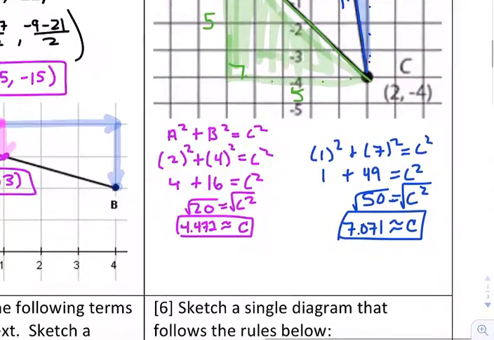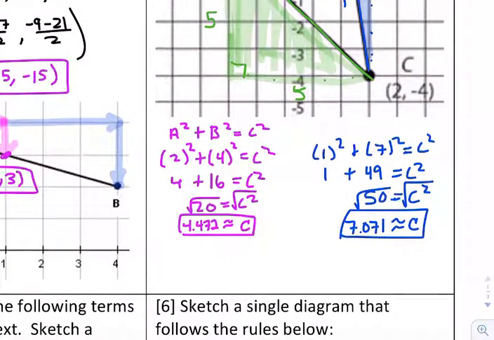On the green, we have a 5 by 5, so that'd be 5 squared plus 5 squared is equal to our new c squared. So that's going to be 25 plus 25 is equal to c squared. That's going to be 50. Now, we just actually saw that one up here, and so we can jump to c being also 7.071.